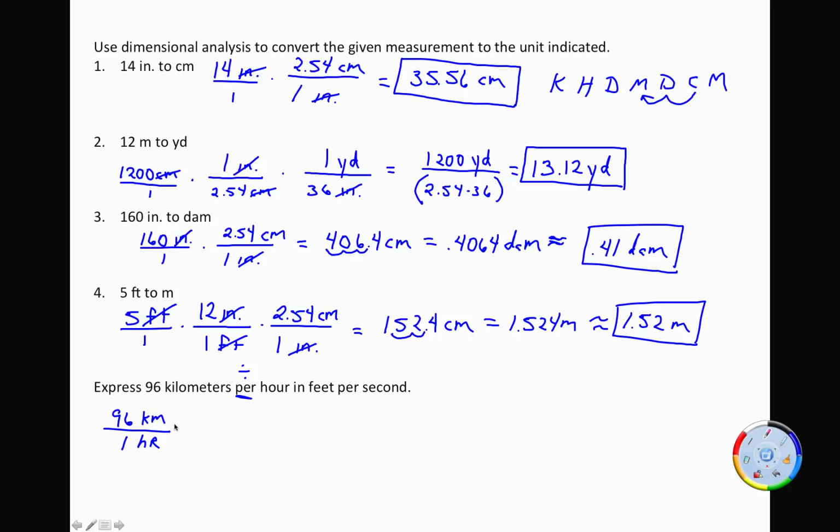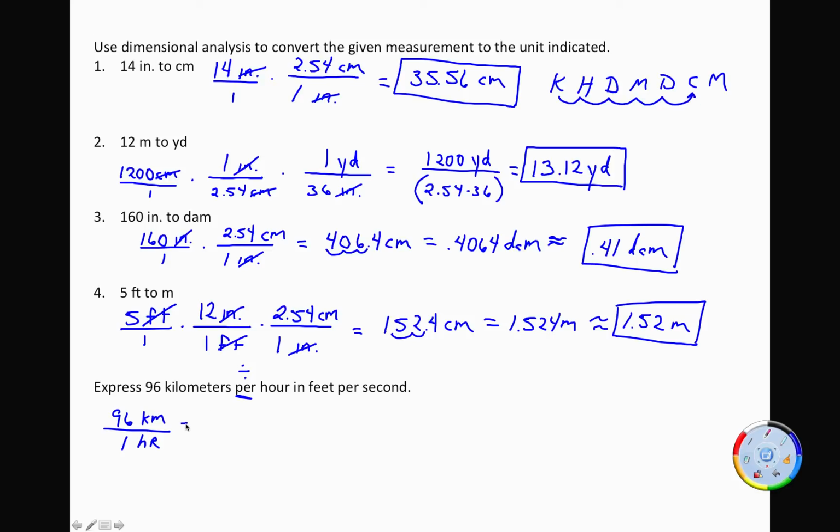So I'm just going to continue to use my dimensional analysis. I'm going to want to change the kilometers, somehow get them into the English system. So maybe I'm going to change them to centimeters. All right. Let's go from kilometers, 1, 2, 3, 4, 5 places to centimeters.